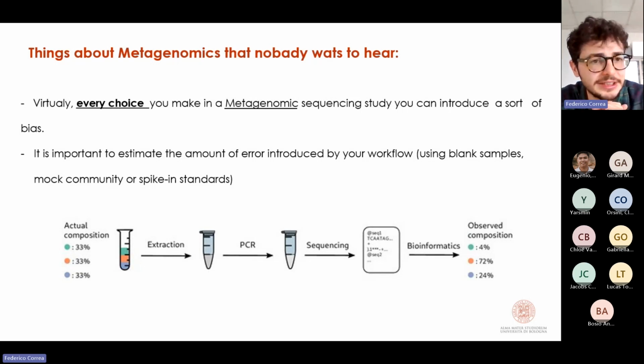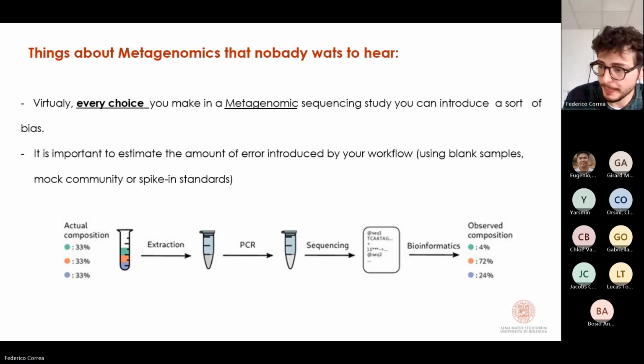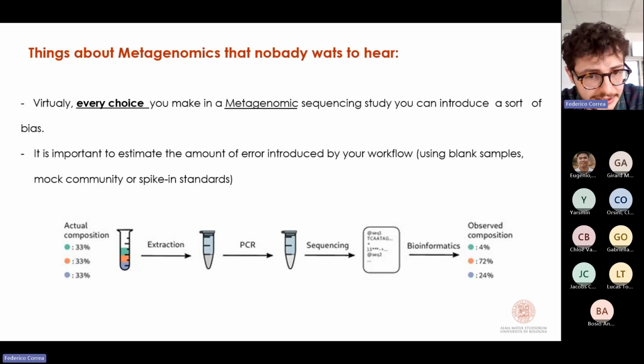So spiking standards are usually a collection of two bacteria, one gram-positive and one gram-negative, that we include in our samples directly. These bacteria are alien to the fecal environment, so it's impossible to find these bacteria in the feces. So at the end, these allow us to have a more precise estimation of the error present in our workflow.